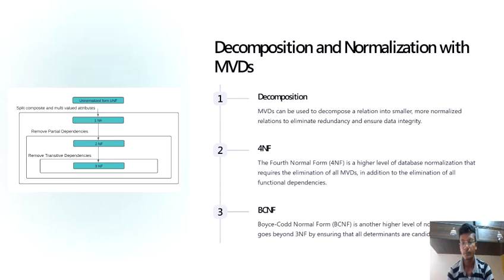The fourth normal form is a higher level of database normalization that requires the elimination of all MVDs in addition to eliminating all the functional dependencies. Next one is BCNF, means Boyce-Codd normal form. BCNF is another higher level of normalization that goes beyond 3NF by ensuring all the determinants are candidate keys.